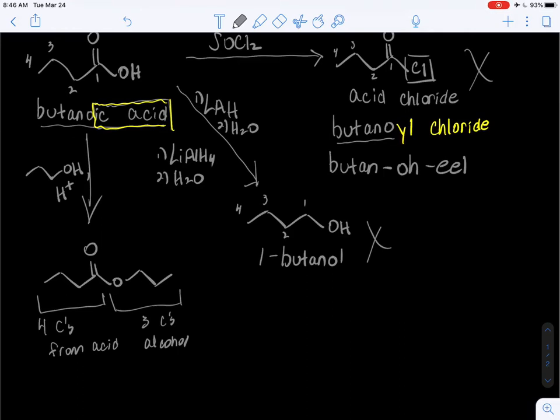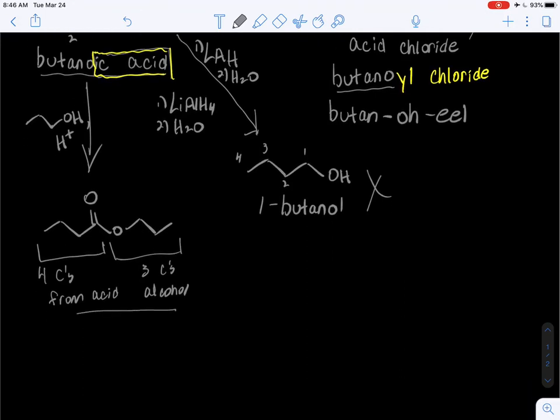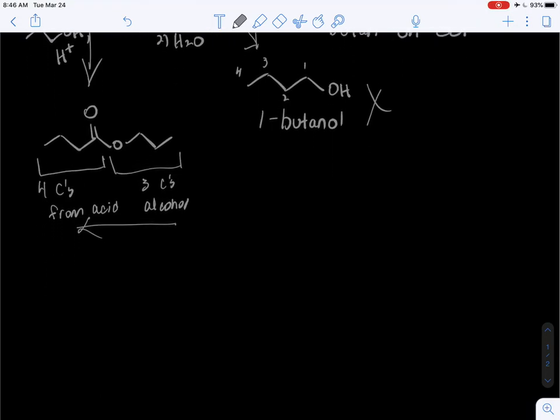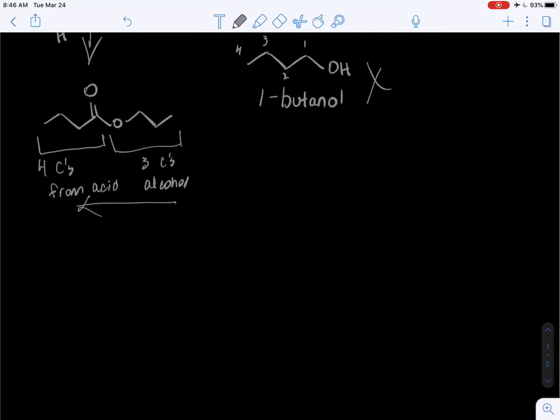So we always draw it this way, but we name it kind of backwards, okay? So the name of the acid is butanoic acid. And the name of the alcohol that we used to make it was propanol. 1-propanol, I'll just say propanol here.